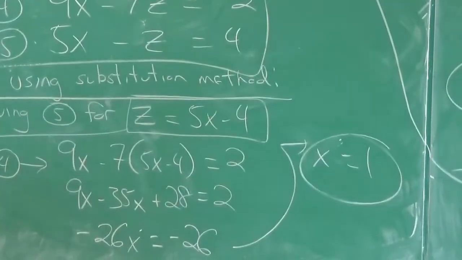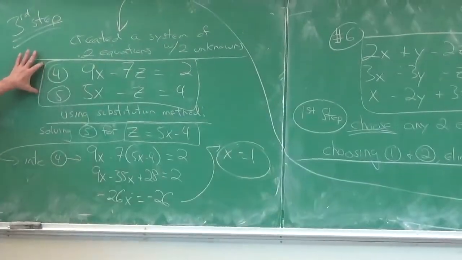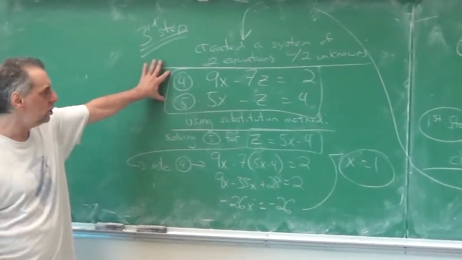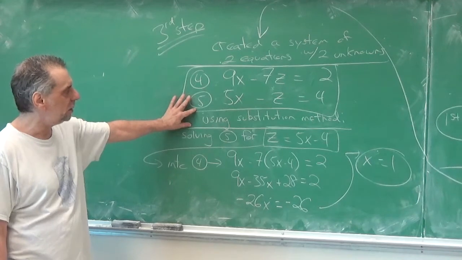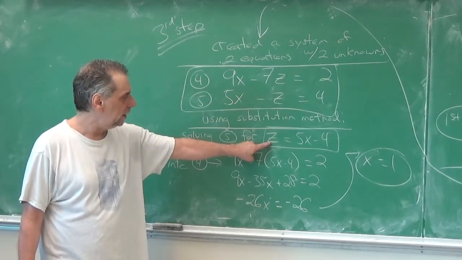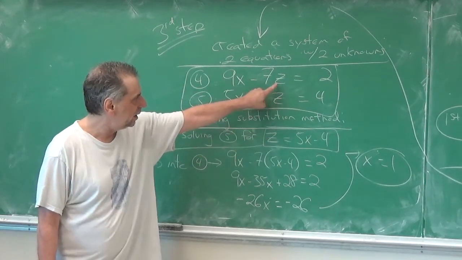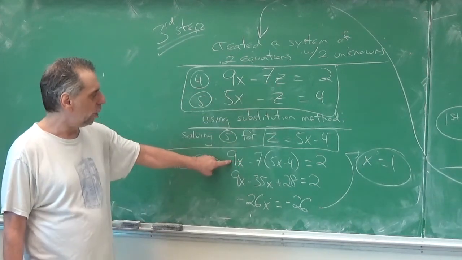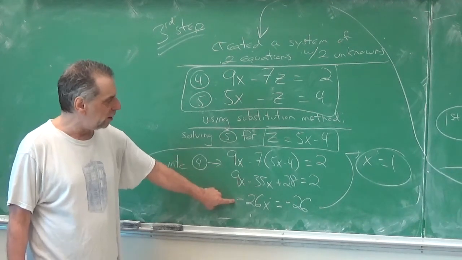Right, so we took the first two steps, which allowed us to form this system of two equations with two unknowns. We use either method from section 5.1. I chose the substitution method. I solved equation 5 for z, substituted that z with this in equation 1 to get a one variable equation, and solved that one variable equation.